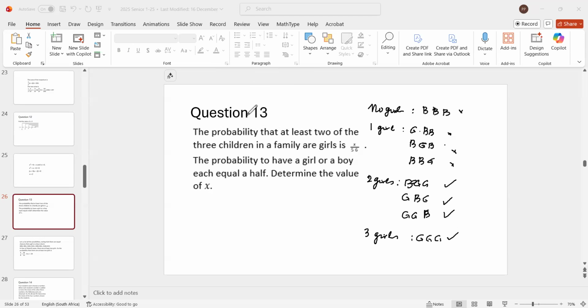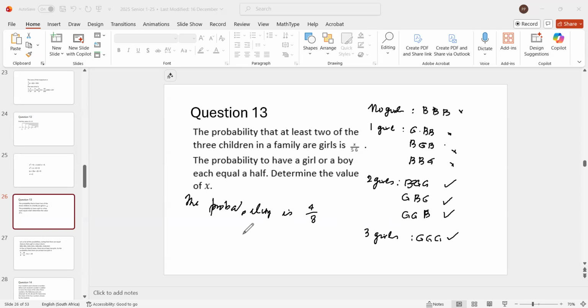Therefore, the probability is 4 out of 8. Four times out of eight times, you'll have a success.